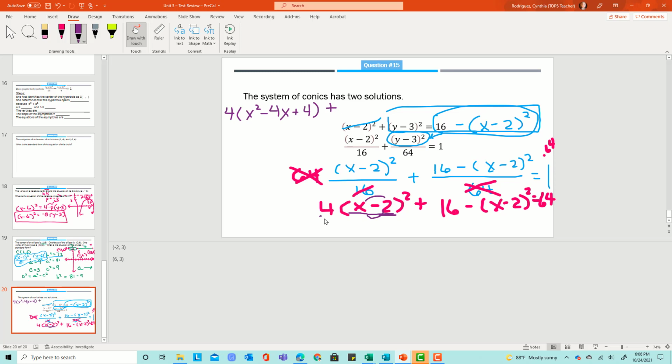Plus, that's just this part right here, 16 minus (x minus 2) squared. Now we've already FOILed that out here, so I know what that is. 16 minus x squared minus 4x plus 4 equals, we still have that 64 over on the right.